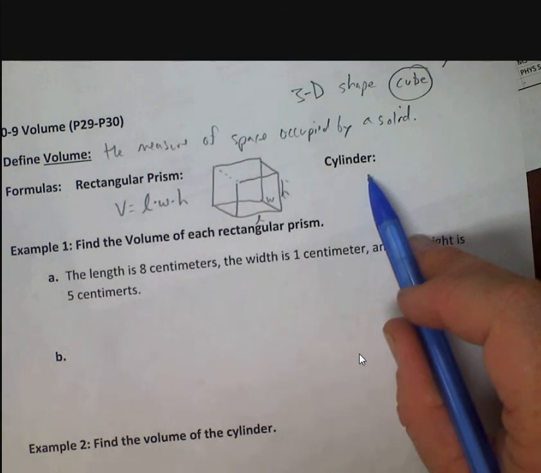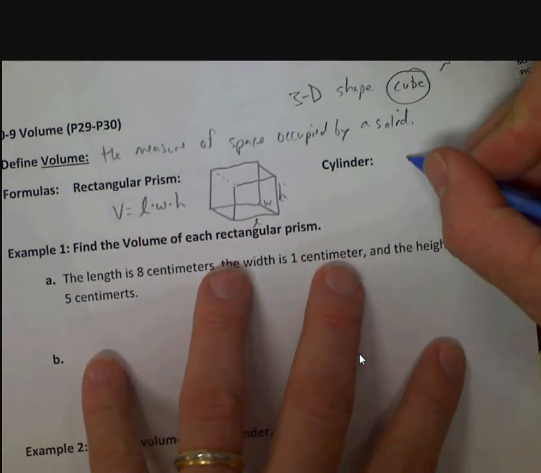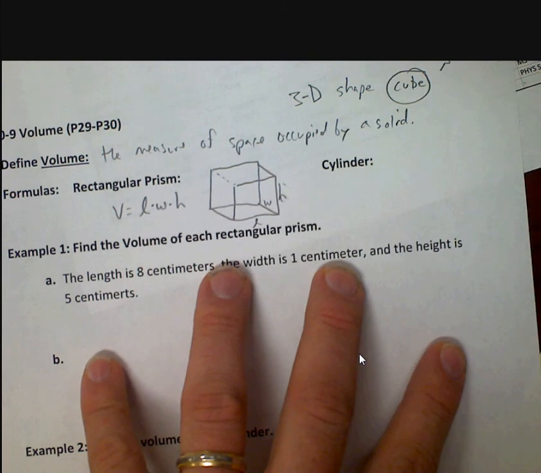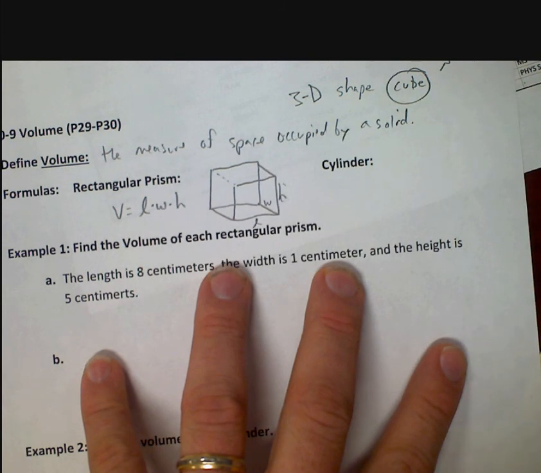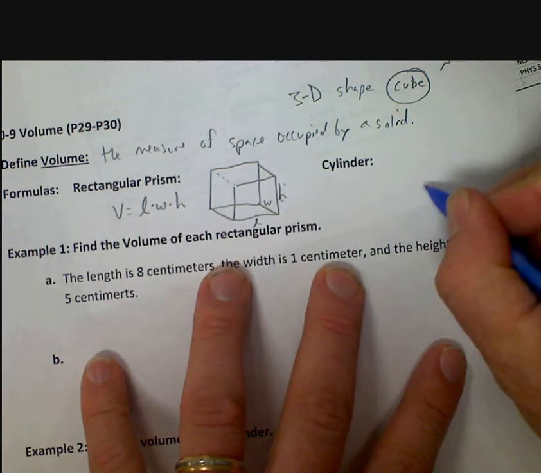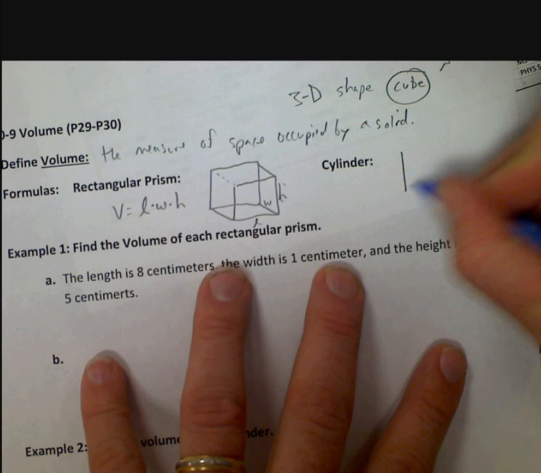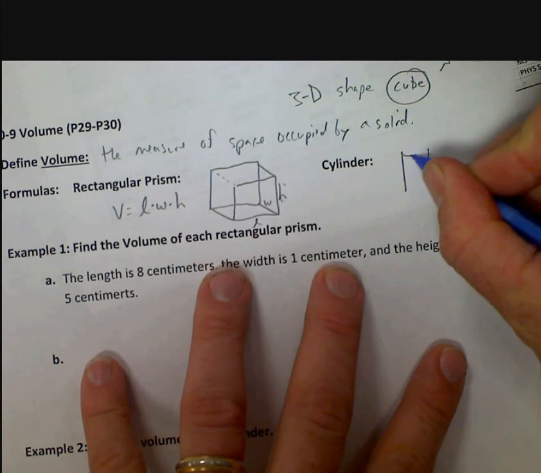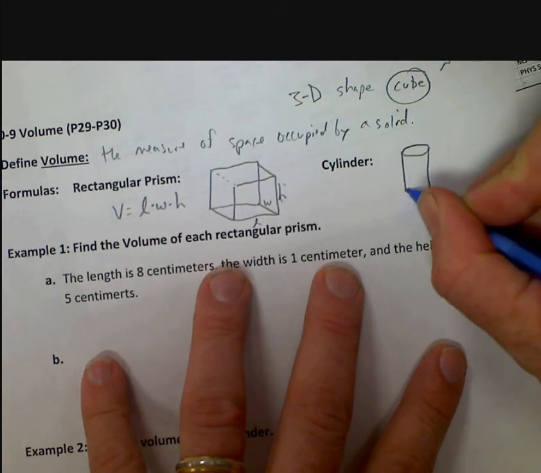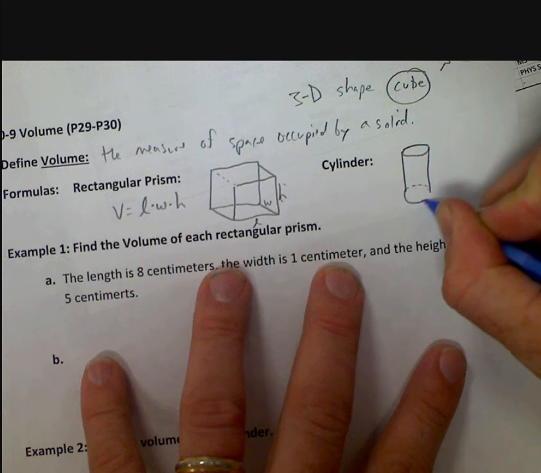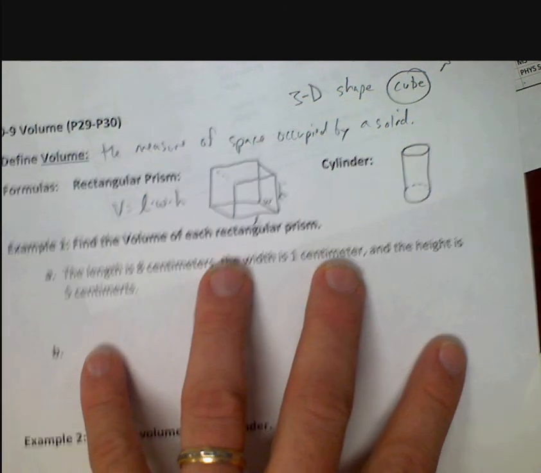Cylinder. A cylinder is like a pop can. I like to think of a pop can. Here's a cylinder.